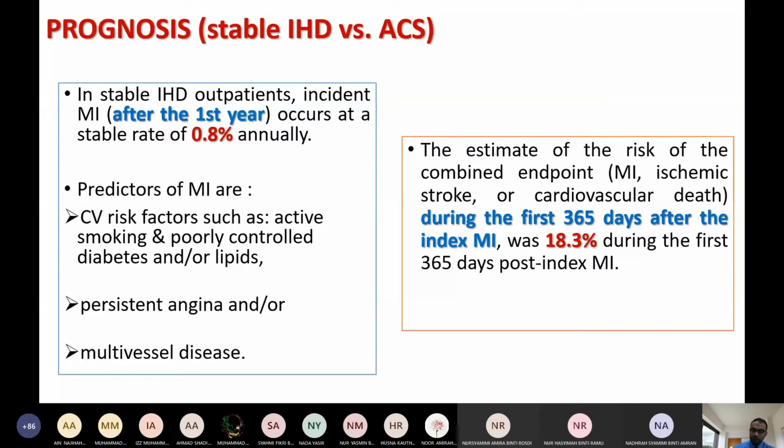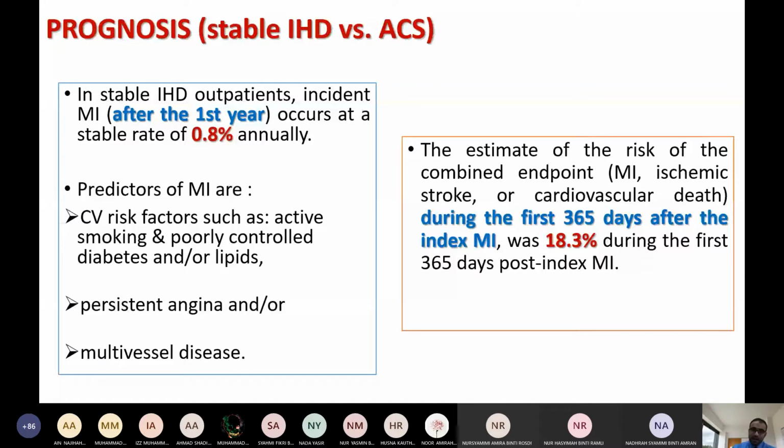So if, for example, you unfortunately have an MI today, over the next year there is still around 20% risk of having another attack, or a stroke, or cardiovascular death.